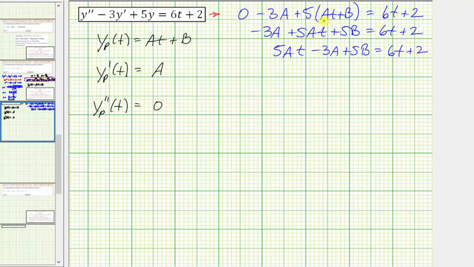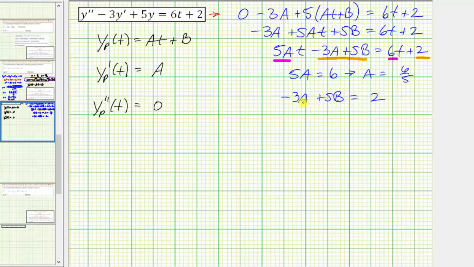And now equating the coefficients, looking at the t terms on the left and right, notice how this tells us that 5a must equal 6, and these two terms are constants, so negative 3a plus 5b must equal 2. So again, 5a equals 6. Dividing both sides by 5, we know a equals 6/5.